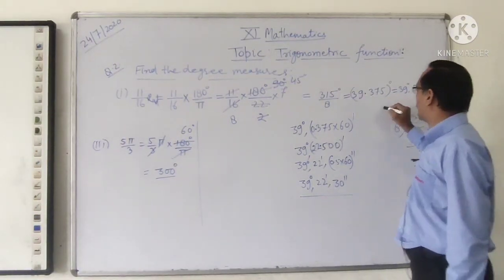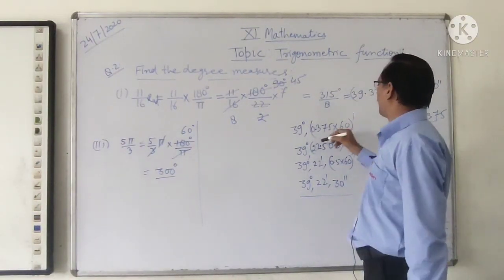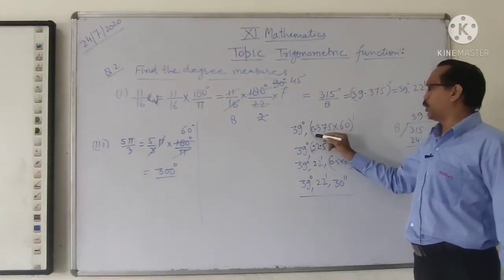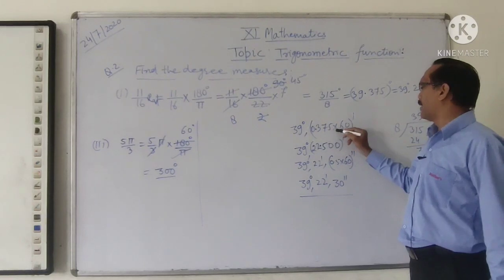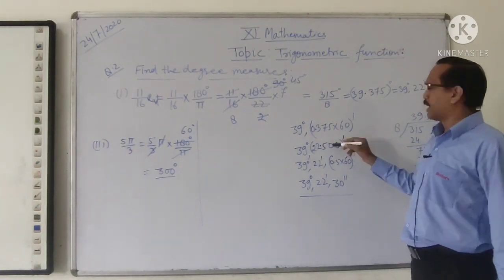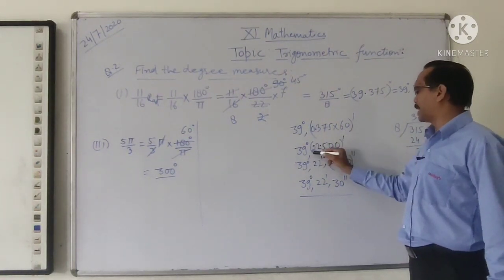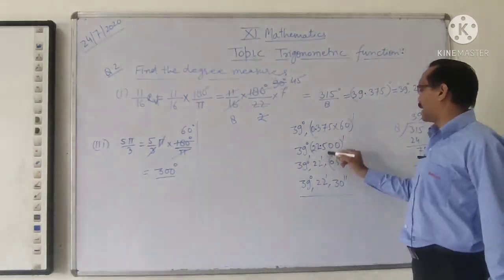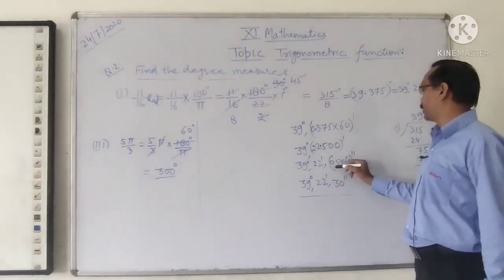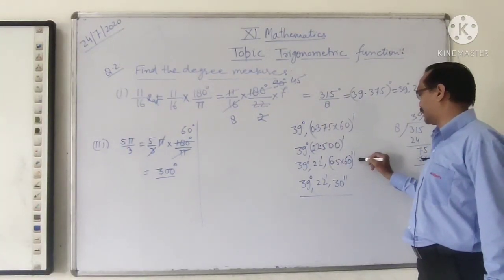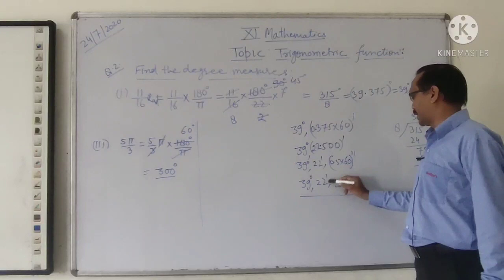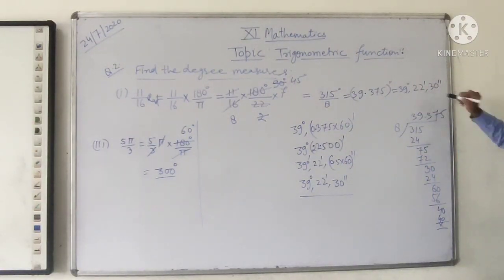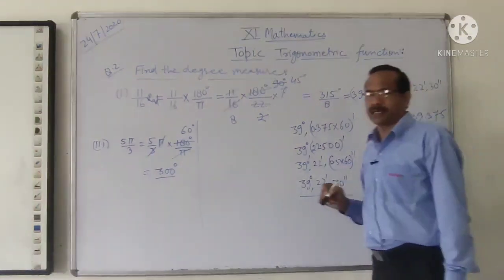Now we will convert this into minute and second also. So we can write it as 39 degree and 0.375 into 60 minutes. Now multiply these two terms, we will get 22.5 minute. Then we write 22 minutes, then 0.5 into 60 seconds, so it is 30 seconds. So our answer is 39 degree, 22 minutes and 30 seconds.